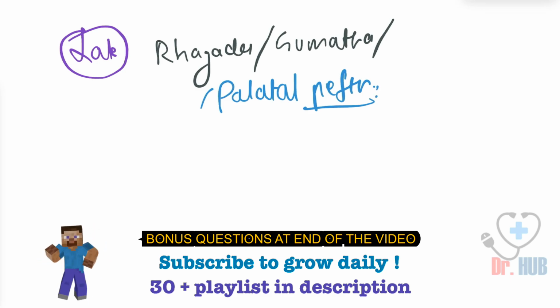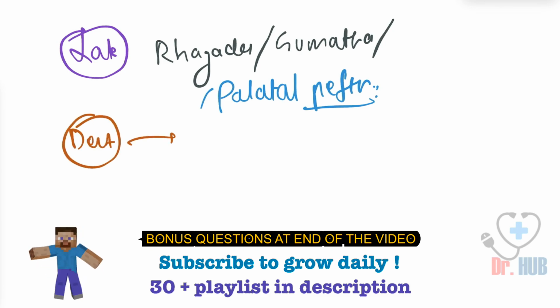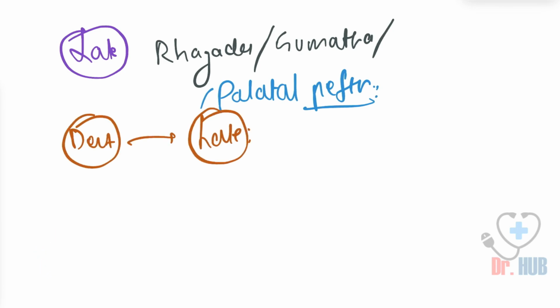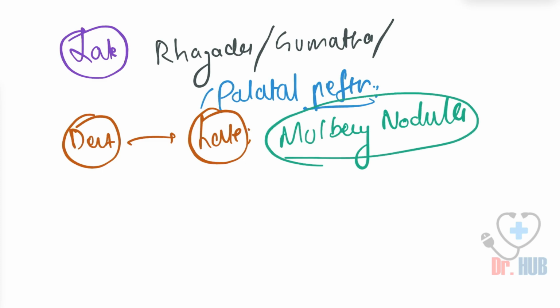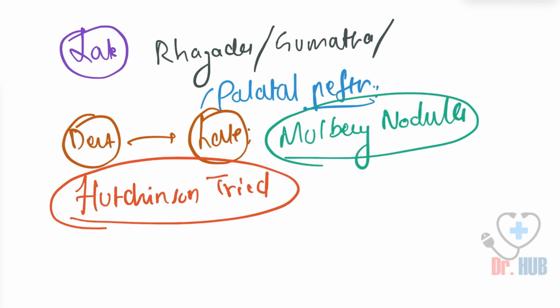Then we look at the dental. When we look at dental, there is only the late feature. What happens in the late features? There are the mulberry molars. And there is also something known as the Hutchinson triad. This Hutchinson triad is a characteristic of congenital syphilis.